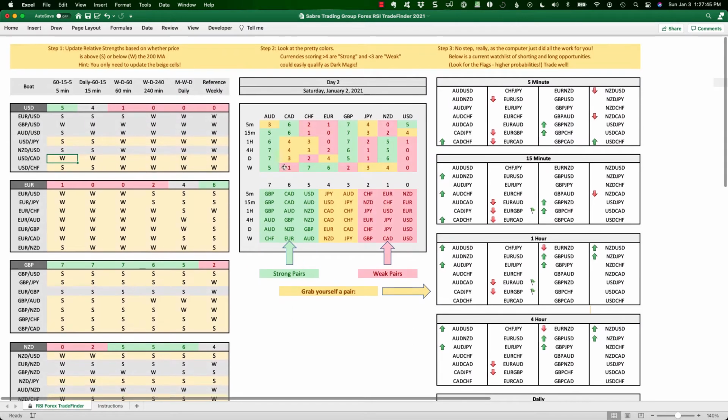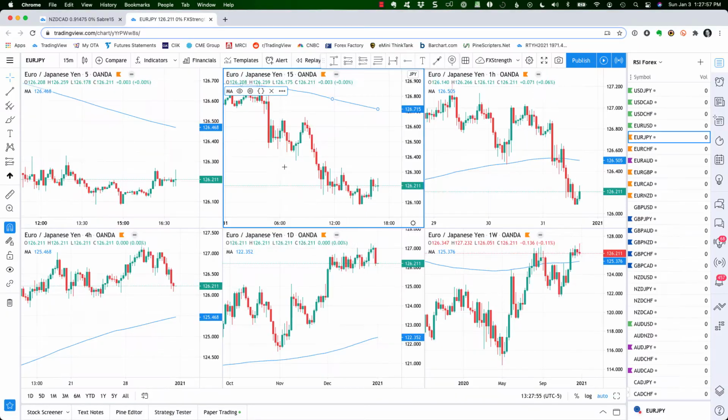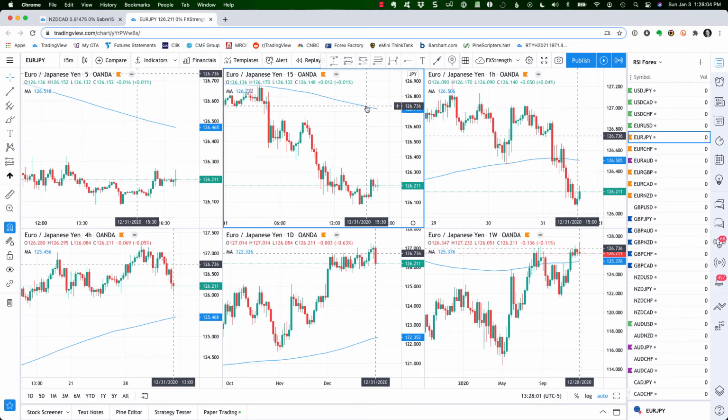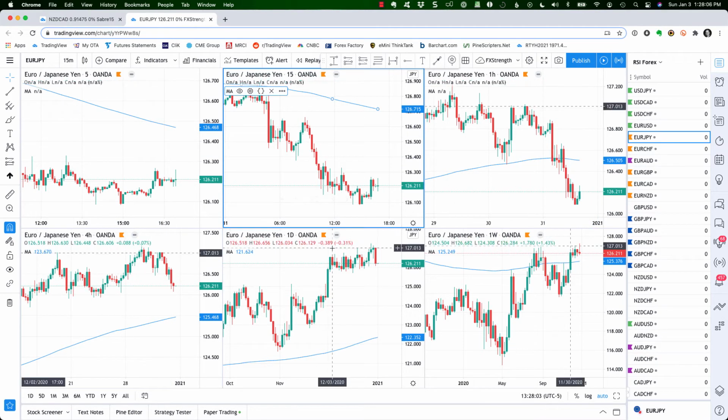Okay? And the great thing about this spreadsheet, there are some calculators, there are some programs, there are some apps that do this for you, but you don't know how they come up with their calculations. It's one of those black box kind of things. And what's great about this system is you know exactly how this information is formulated. We're looking at the relative strength of each asset based on its 200-day moving average for each of those pairs.